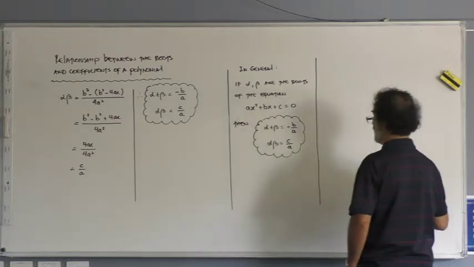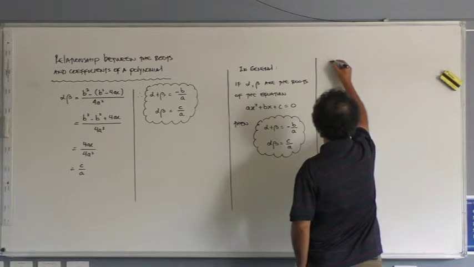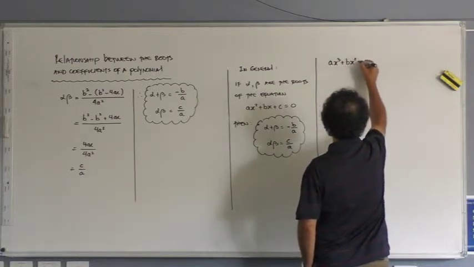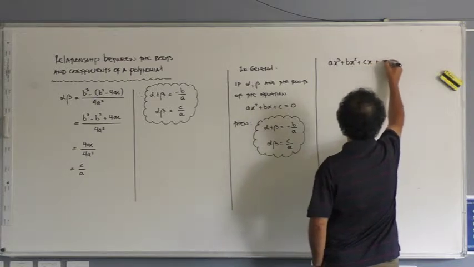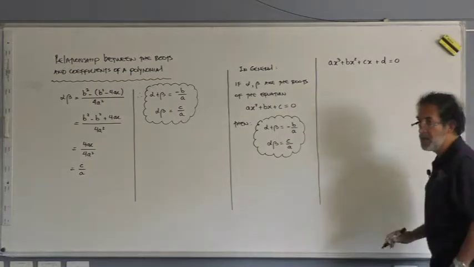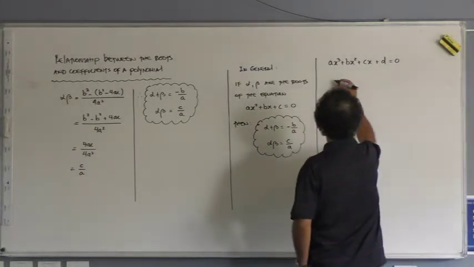All right, let's say that now we have a cubic equation. And you know that a cubic equation looks like this: ax cubed plus bx squared plus cx plus d equals 0. And we expect to have 3 roots. So that means that this time we're going to have alpha, beta, and gamma.